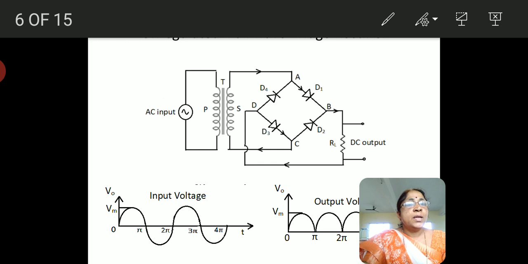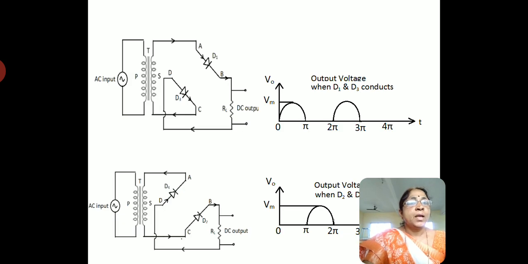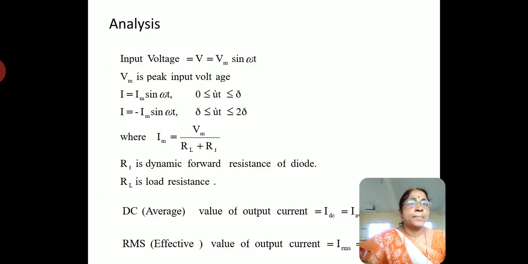The current flowing in RL is in the same direction, so we get a unidirectional pulsating voltage. The first figure is for the positive half of the input signal, and the second figure is for the negative half of the input signal. By combining these two, we get a full wave rectifier.